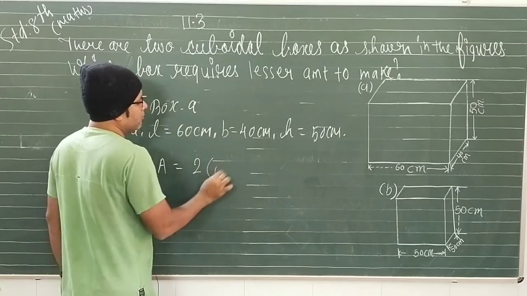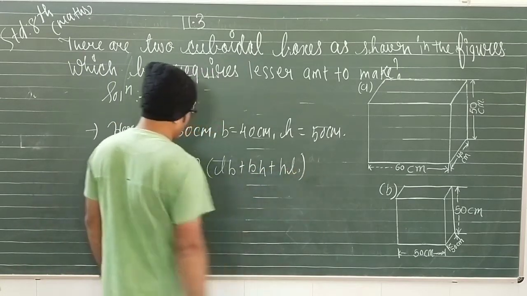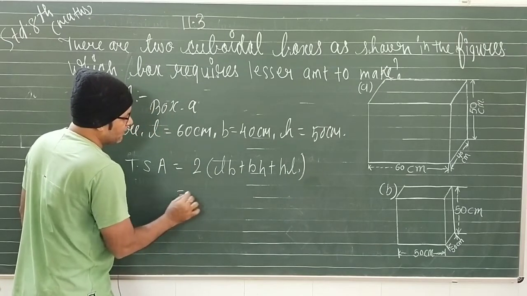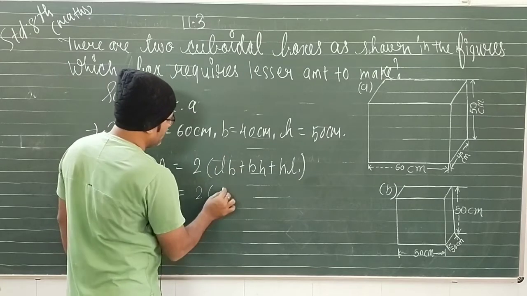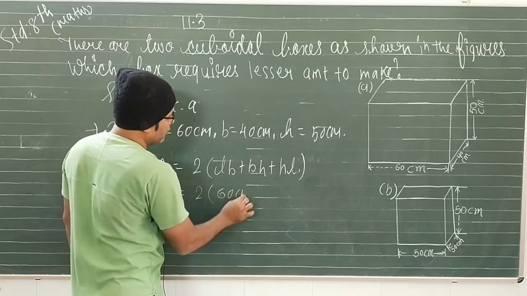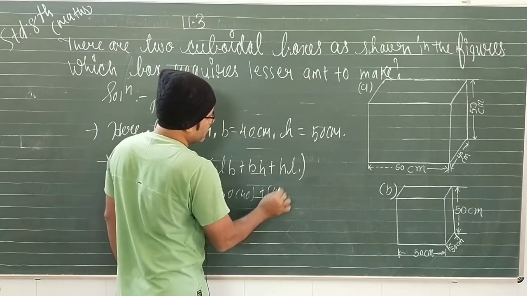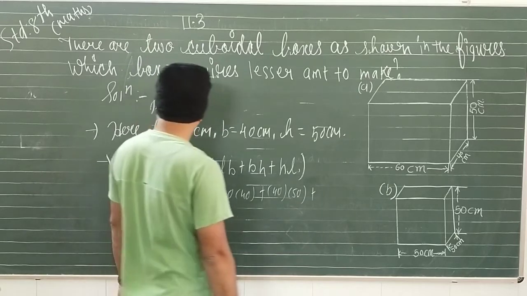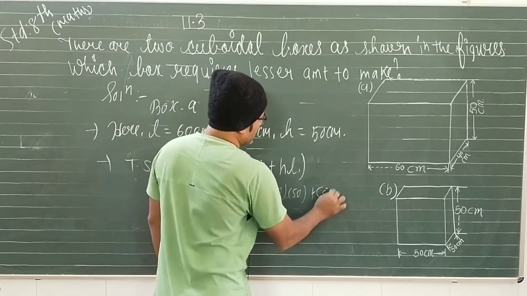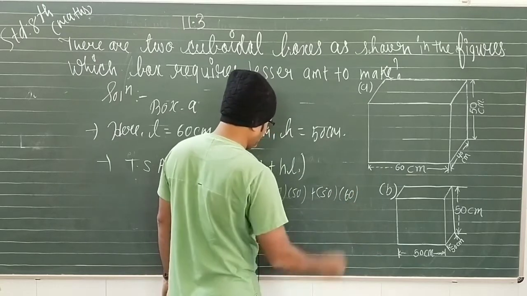Formula is 2 into LB plus BH plus HL is equal to 2 into, now L into B, 60 into 40 plus B into H, 40 into 50 plus HL, 50 into 60.